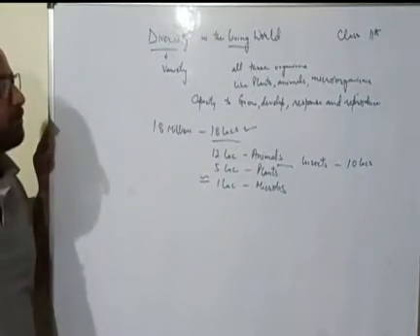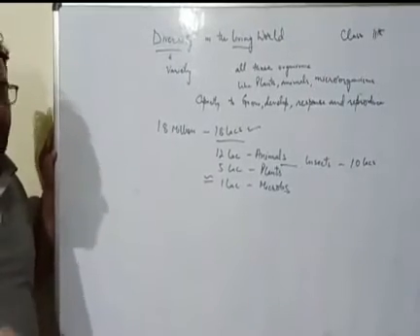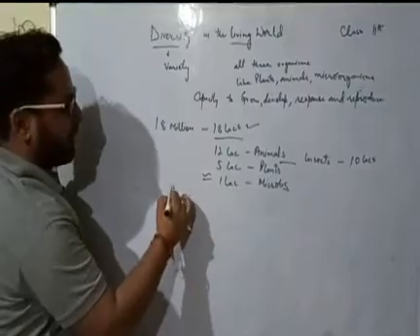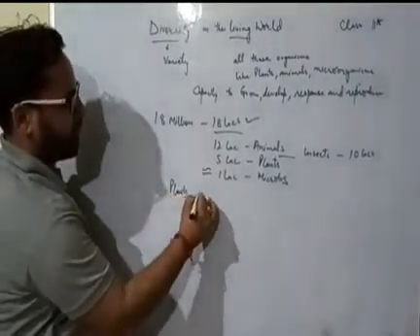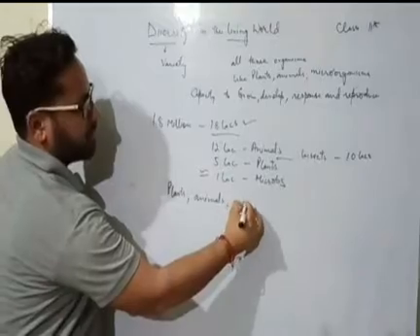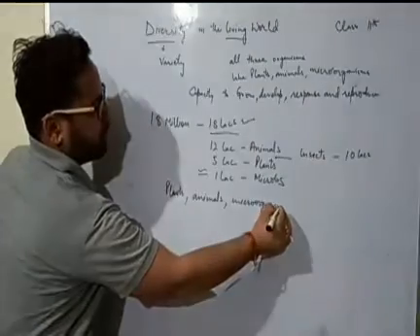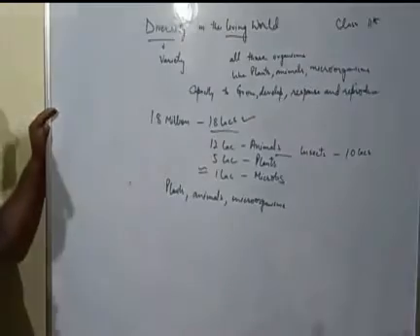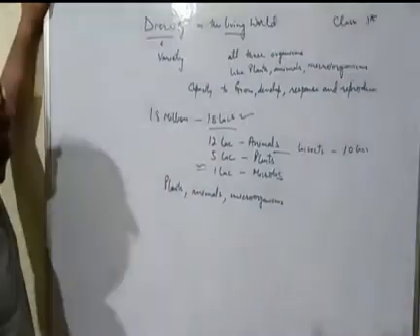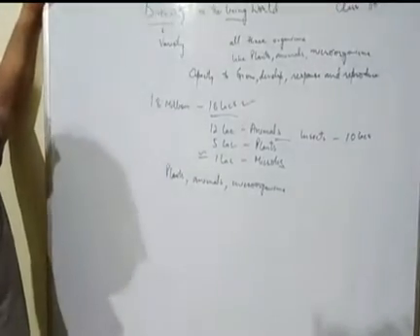Let me tell you, there are a variety of living organisms today. These may be various types of plants, animals, microorganisms. There is a huge diversity in our world.